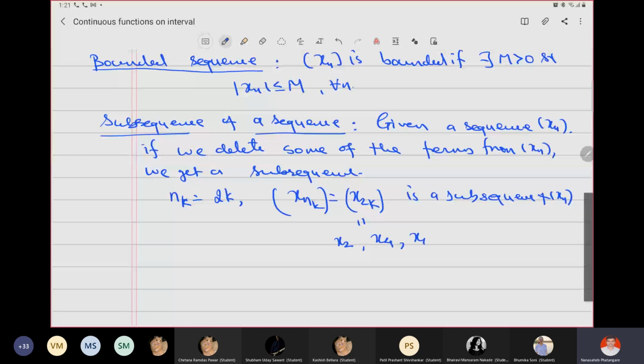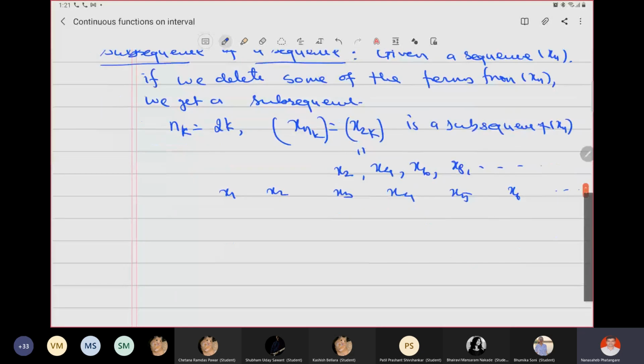That means the first, third, fifth, seventh terms are deleted. The original sequence is x1, x2, x3, x4, x5, x6. Now x2 remains, x4 will occupy second place, x6 will occupy third place.